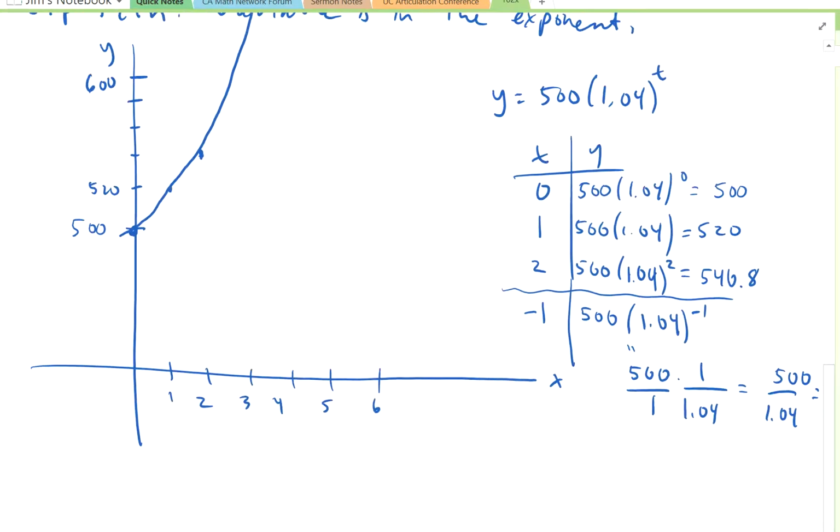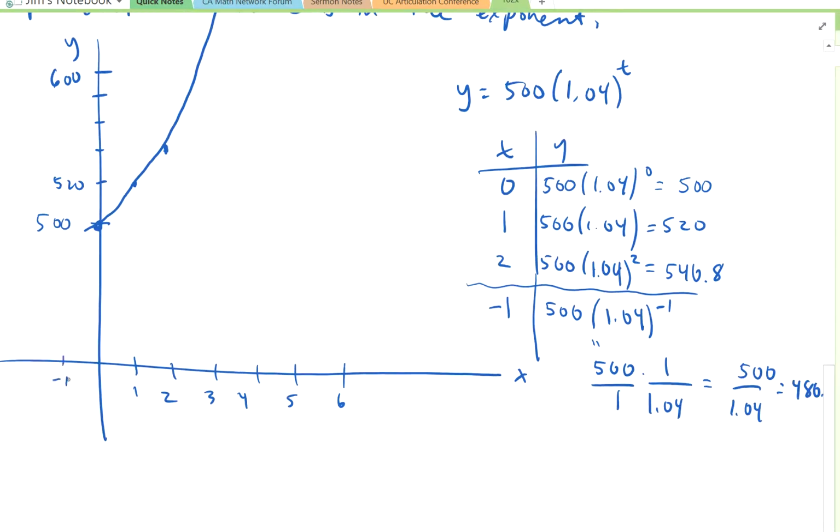So I'm going to come over here and put that at negative 1. 480.8 is going to be here. And so that curve is going to keep going down like that.